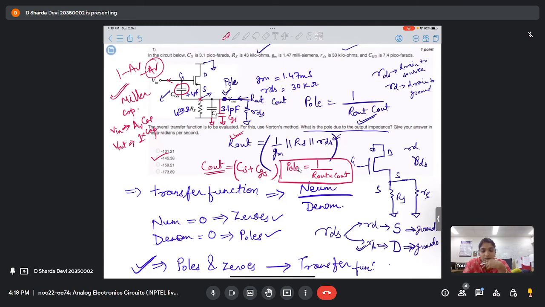Is there a way? Basically, Elmore delay. Actually, I did a course on something similar, VLSI interconnects. There we find the transfer function. If this situation happens, we divide that CGS using Miller's theorem, draw the equivalent circuit, find the output voltage by input voltage, and convert it to Laplace transform.